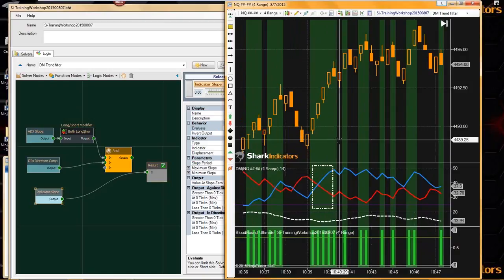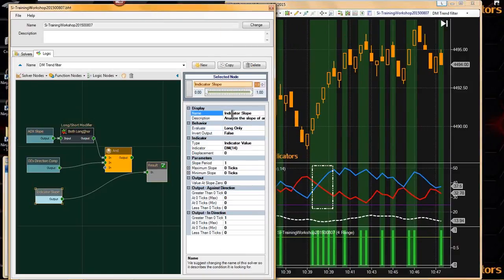Alright, so we got that part. So let's name this. Alright, so the DI plus is in an upslope.